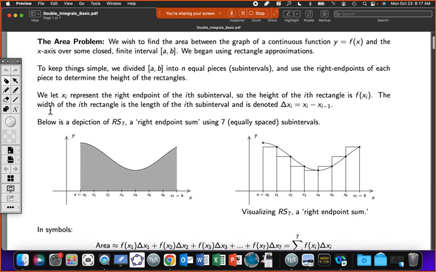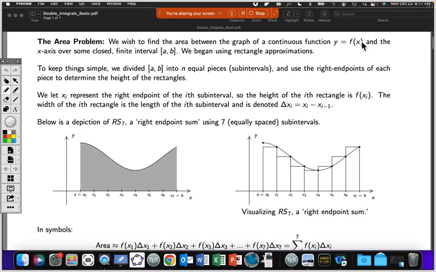we started off, we had a continuous function over some closed bounded interval AB. And we were trying to figure out what the area was. And so what we did is we went in and chopped the interval up into equal pieces.